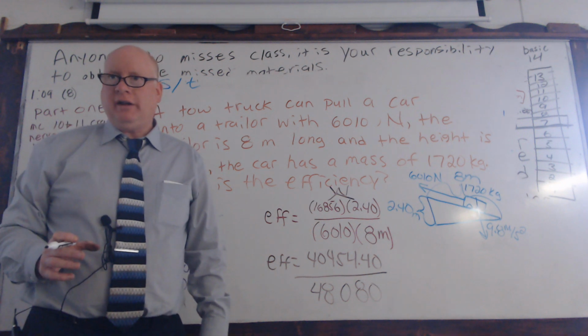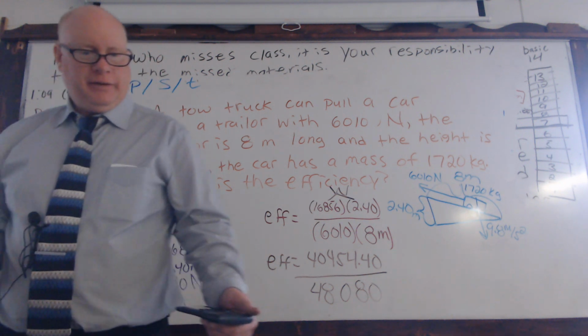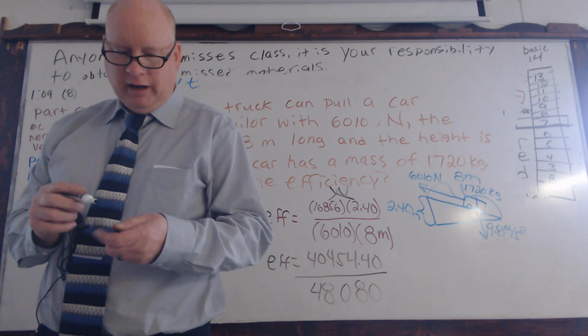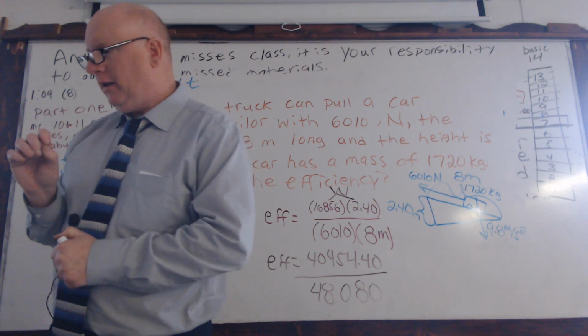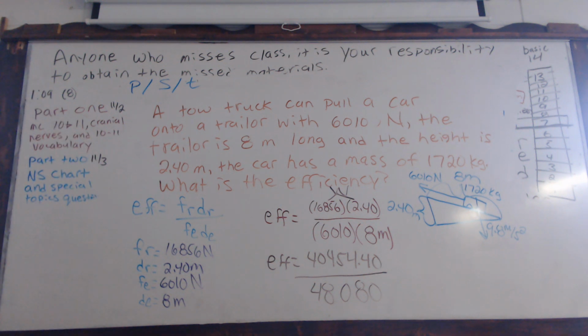One of the things I want you to think about is, to me, the best way to describe this is there's no such thing as a perfect machine. In other words, however much work you put into it, you're not going to get 100% of work output on it.